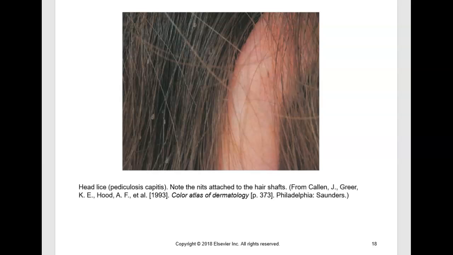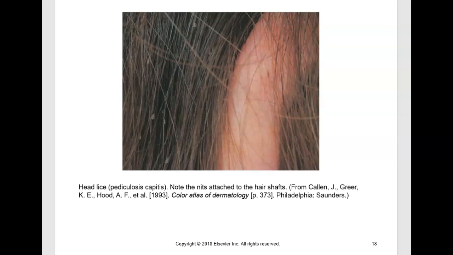In terms of management, I want you to recognize the treatment permethrin 1%. It's an over-the-counter pediculicide, so a treatment that kills lice. It kills head lice and pubic lice and eggs with one application and has residual activity for 10 days.